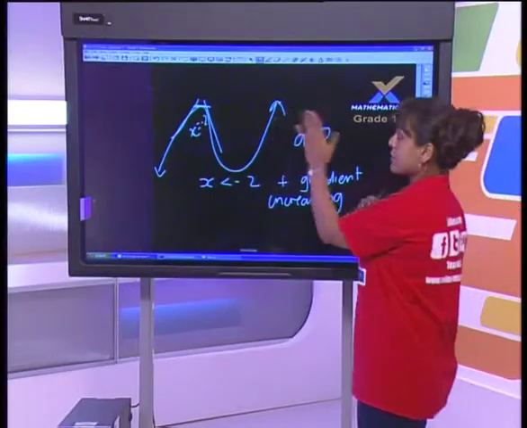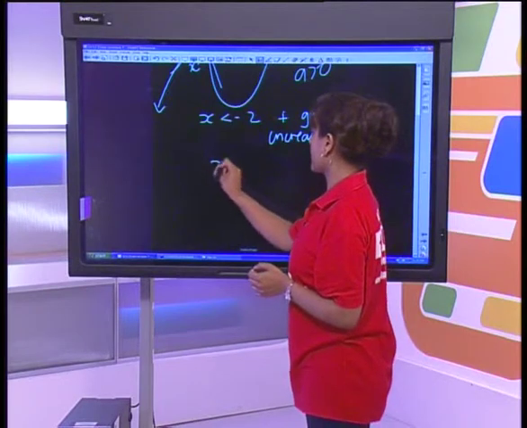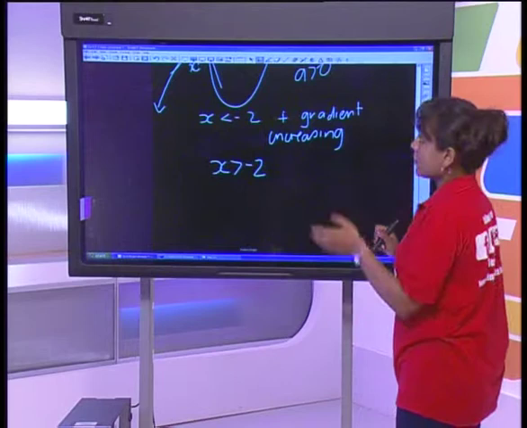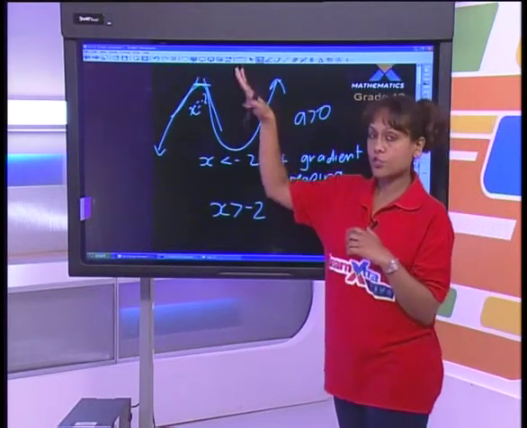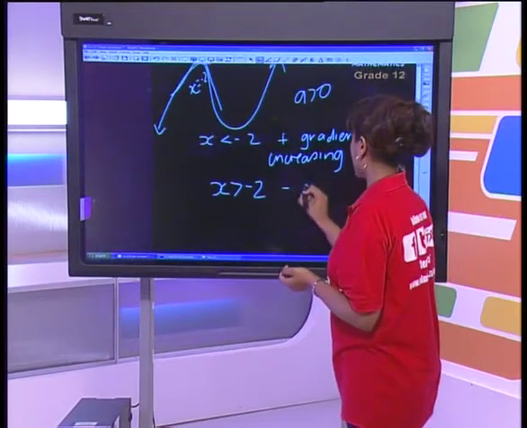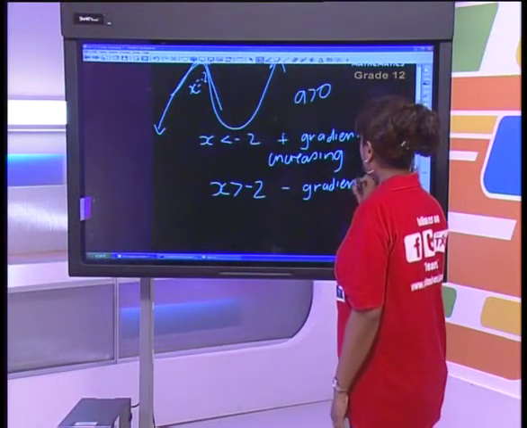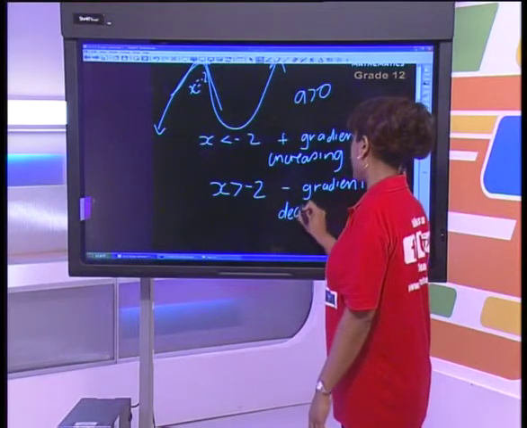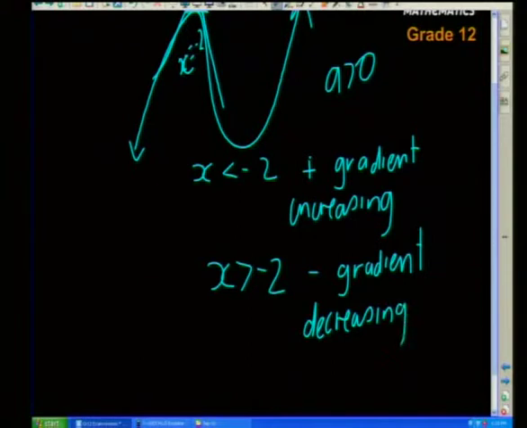But then if we look beyond that point, so if we look from x anywhere to the right, so for x greater than minus 2, if I had to draw a line to the graph, it will slope towards the left, so that means it has a negative gradient. And if it has a negative gradient, it means all the function values are decreasing to the right of minus 2.